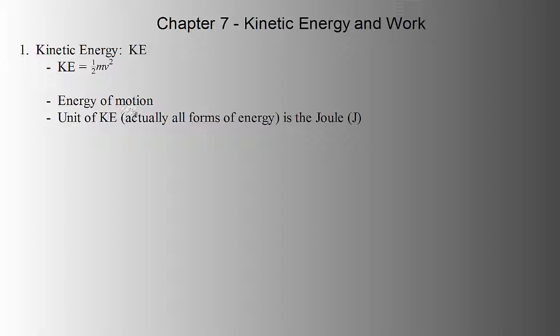And the unit of kinetic energy is the joule, abbreviated with a capital J, but this isn't limited to kinetic energy. All forms of energy have a unit of a joule. And that's pretty much it. We're going to be doing a lot more with kinetic energy in Chapter 8 when we talk about conservation of energy. But for now, we're just going to simply deal with it as the energy of motion.